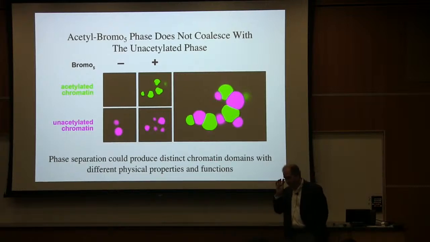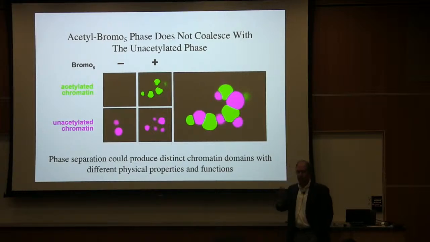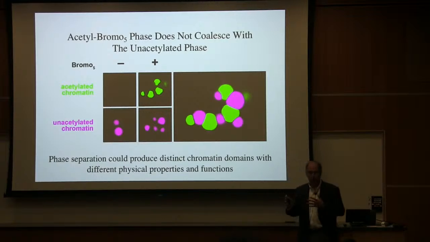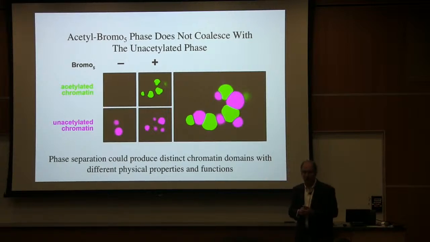So again, I want to be very clear what we know and what we don't know. What we know is that in vitro, there are distinct physical properties of these kinds of chromatin. We don't know, of course, that this process contributes in a meaningful way to chromatin inside cells, but it certainly says that the physical properties alone are sufficient to give distinct domains.